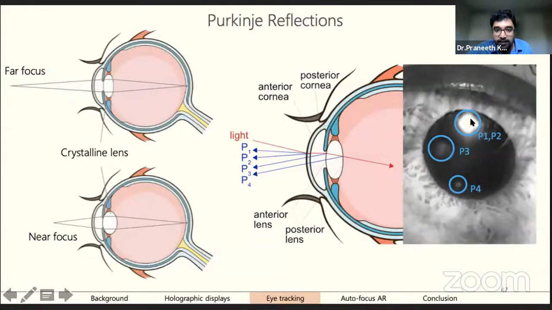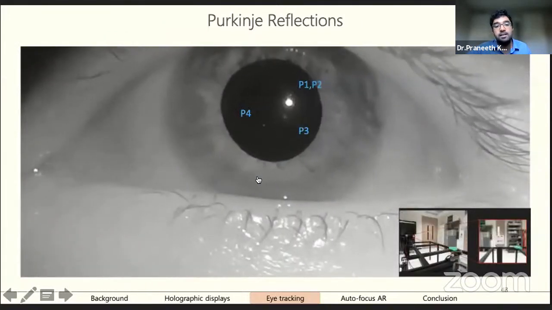That means these first and second reflections are more or less constant and don't change spatially. Whereas when the eye is trying to focus at near and far distances, as I said, the crystalline lens is changing its focal power, thereby changing its shape. And because the lens is changing its shape, the reflections from the front and back surface of this lens are going to be different for different focal distances. And that is precisely what we explored.